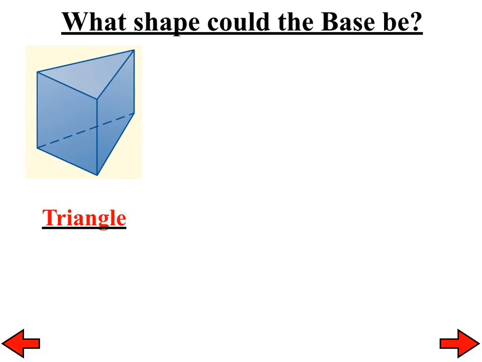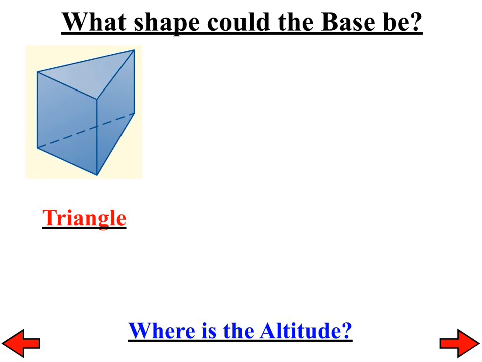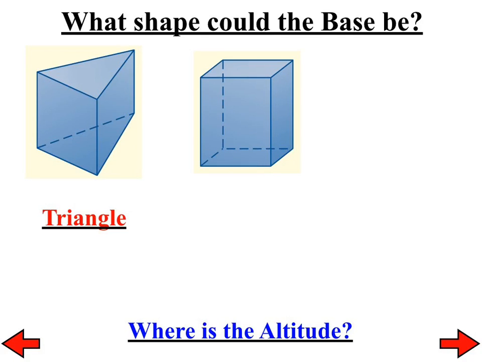The base is a triangle. Where's the altitude? Well, if this is the base and that's the base, then the altitude is right here. So to find the volume of that, you would find the area of the triangle and multiply it by the altitude.